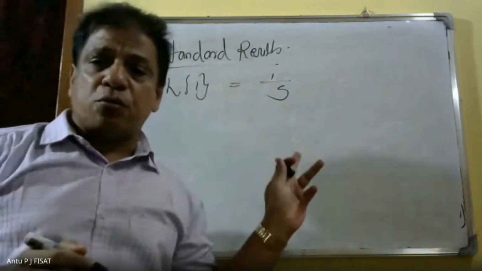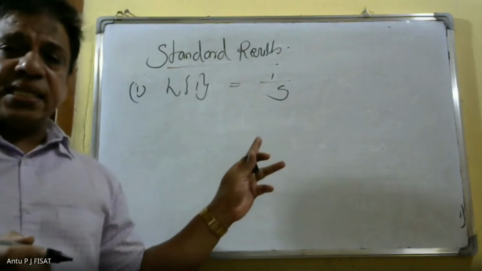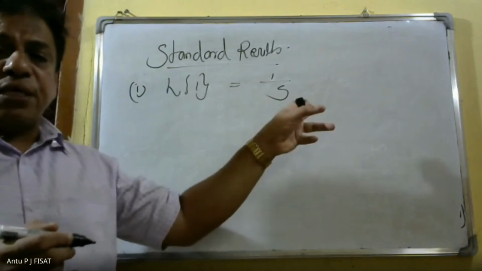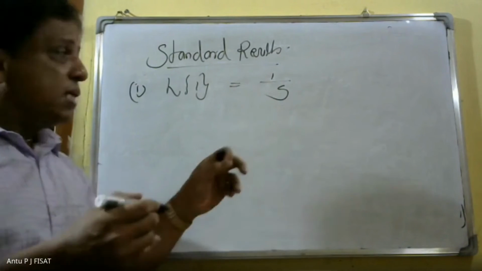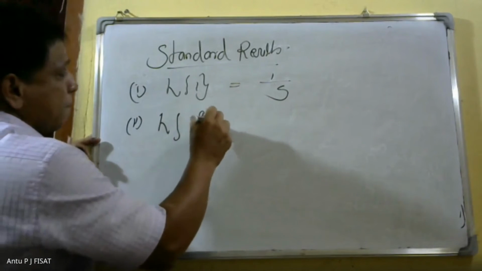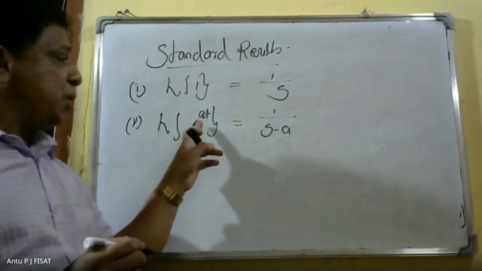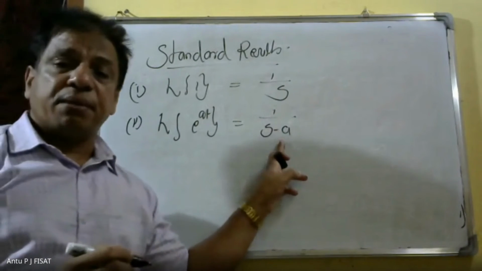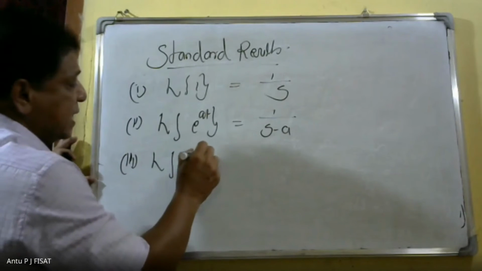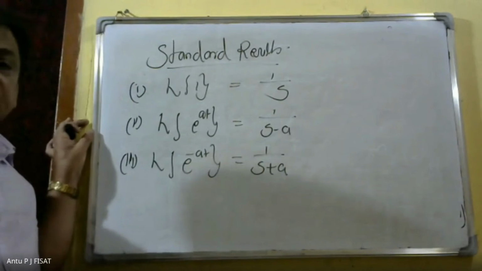To obtain it, we multiply 1 by e raised to minus st, then integrate with respect to t, applying lower limit 0 and upper limit infinity. Similarly, the second result, Laplace transform of e raised to at, is equal to 1 by s minus a. Then the third result, Laplace transform of e raised to minus at, is equal to 1 by s plus a.